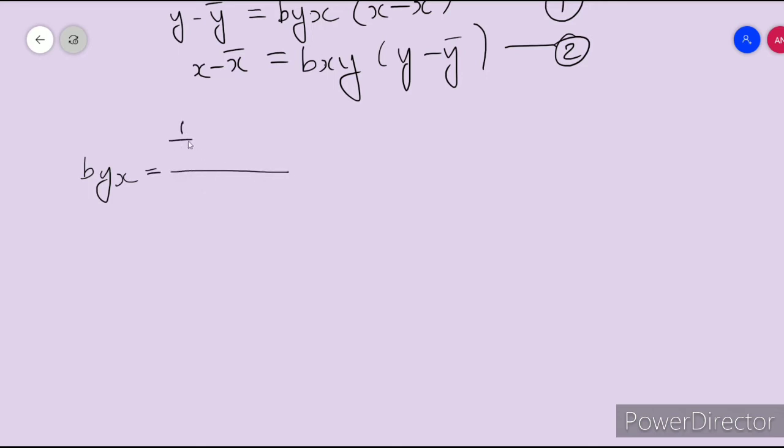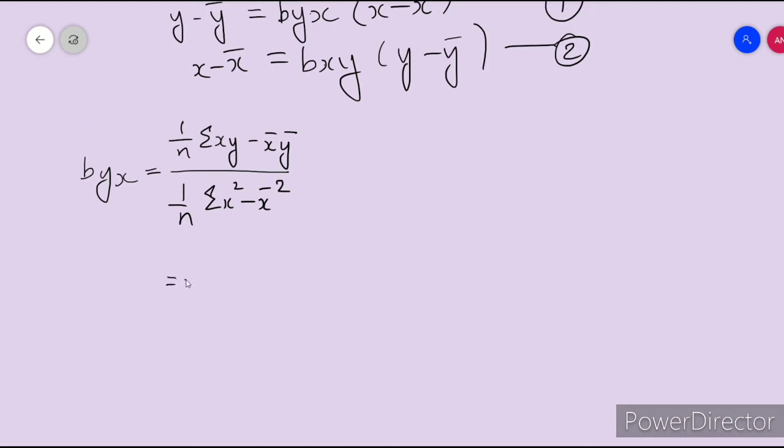Let me write the formula again, since we're doing this sum for the first time, so you get the hang of it. The regression coefficient is nothing but the covariance of x and y divided by the variance of the independent variable, in this case x.